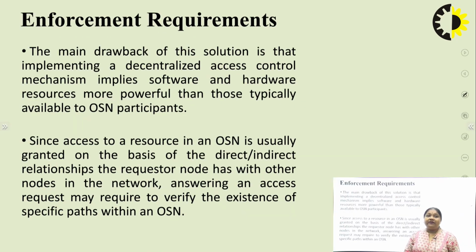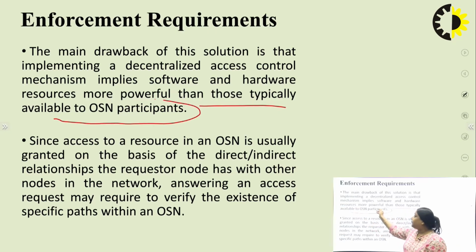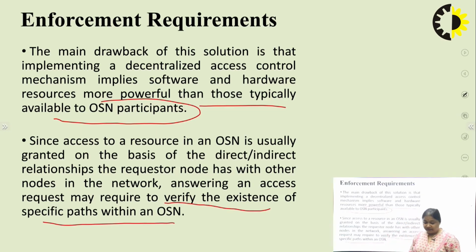The main drawback of this solution is that implementing a decentralized access control mechanism implies software and hardware resources more powerful than those typically available to online social network participants. Since access to a resource in an OSN is usually granted on the basis of the direct or indirect relationships the requester node has with other nodes in the network, answering an access request may require verifying the existence of a specific path within an OSN.